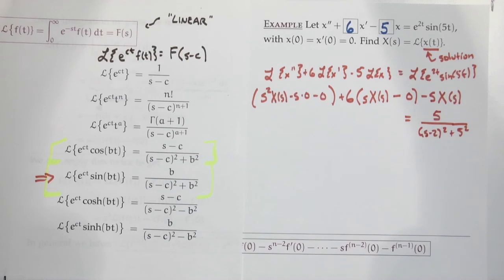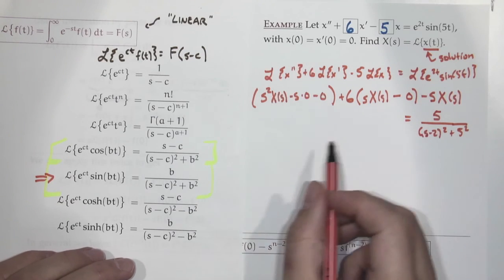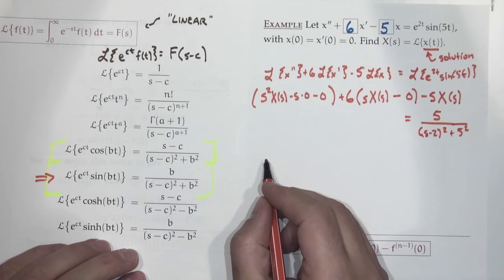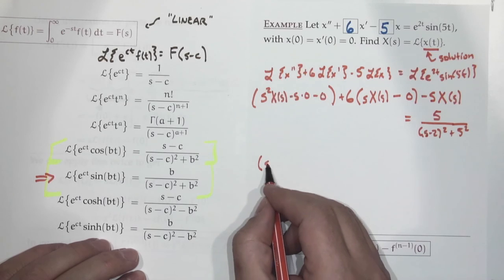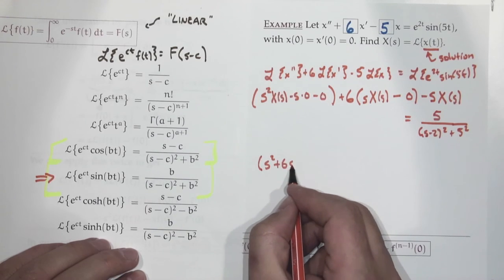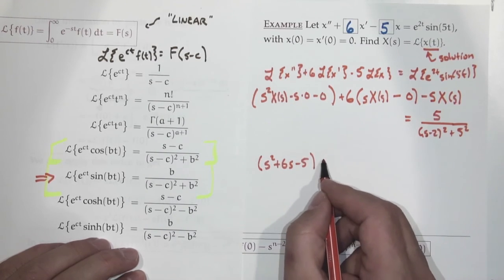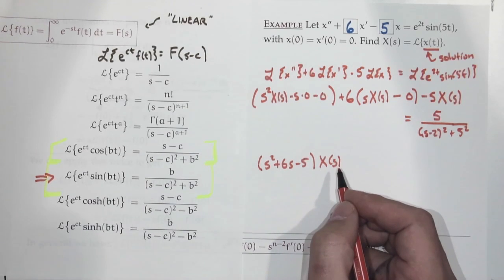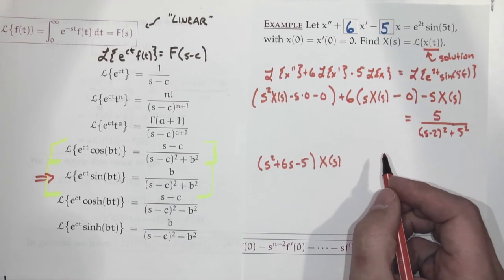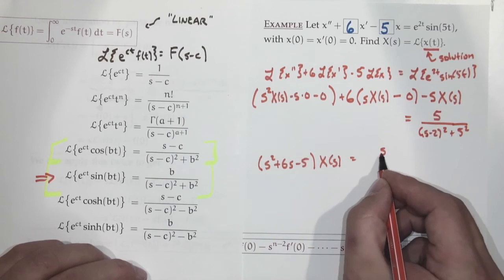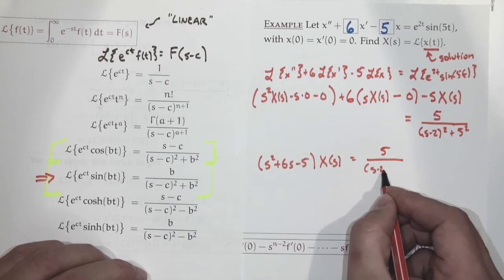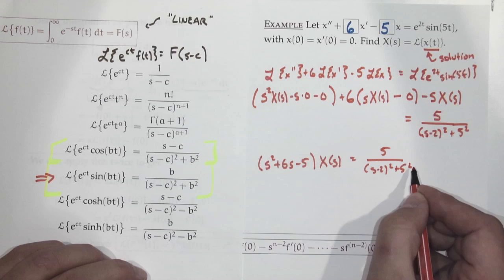All right. We're almost done with this problem. What can we do? Well, on the left-hand side, factor the x of s out. So you get s squared plus 6s minus 5 times x of s, and that's going to be equal to our 5 over s minus 2 squared plus 5 squared.